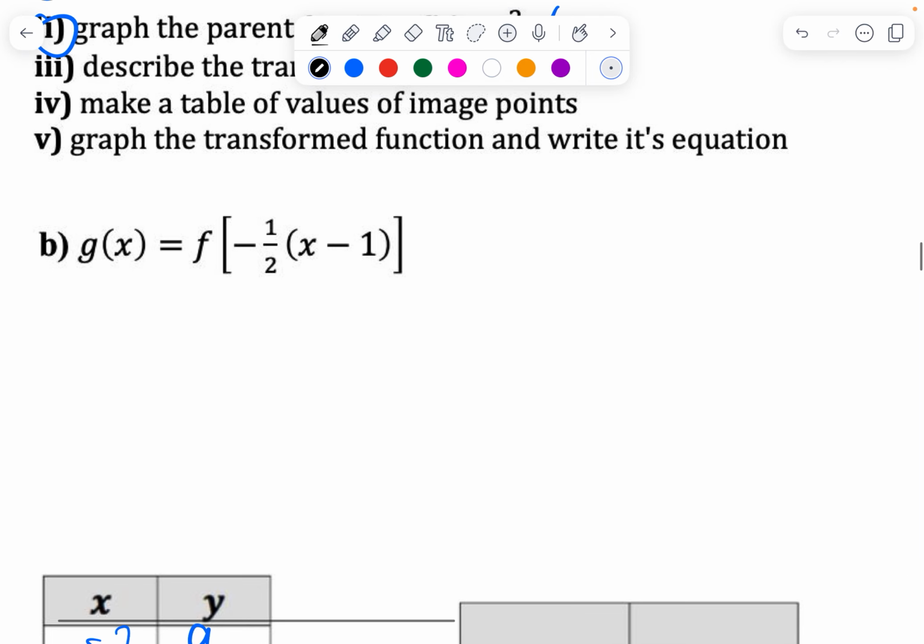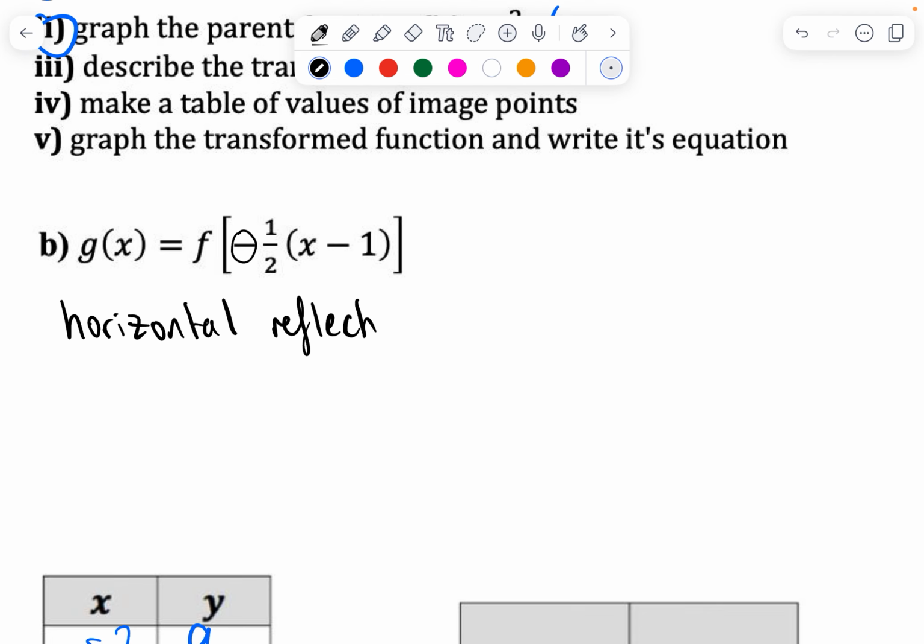So, describing the transformations. There's a negative inside, so that means it's a horizontal reflection. I'm multiplying it by a half, which means it's horizontal because it's inside to the x. It's a half, so it's a stretch, it's opposite.